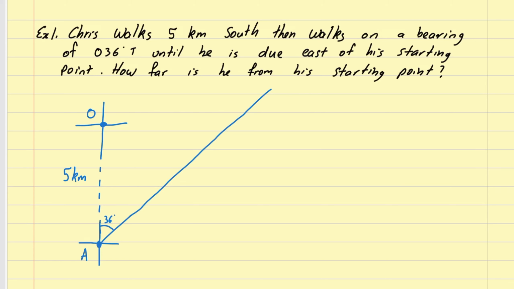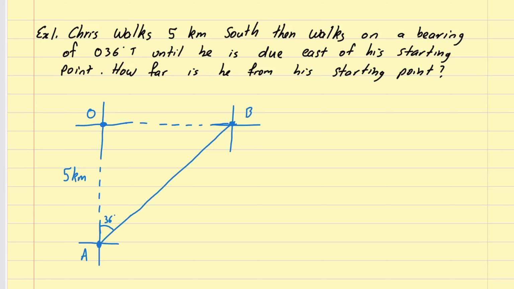So if we go back to his starting point, let's go all the way due east. If you notice, that's the point that we hit right there. So now, is he going to go all these extra kilometers or extra meters? No, he's not. So that's why we also need to stop our line there as well. And at that end point, I'm also going to be drawing up a compass. And let's just call that point B.